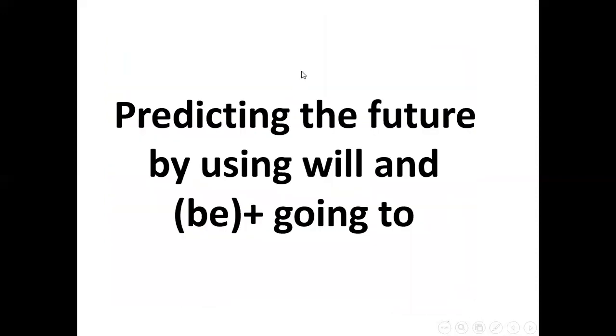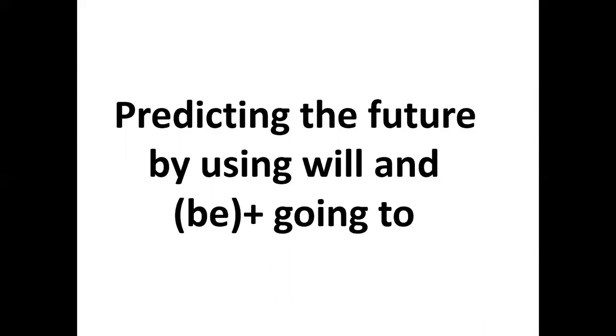Okay, we come to the second part of our unit. It's very, very important. Predicting the future by using will, and be here means am, is or are, plus going to plus infinitive.